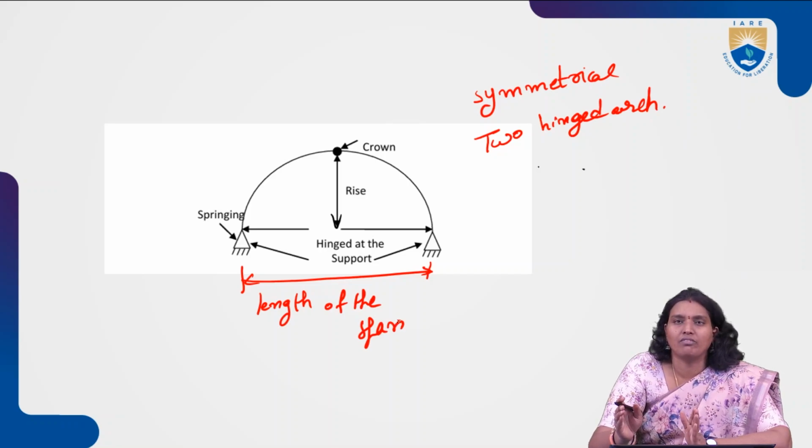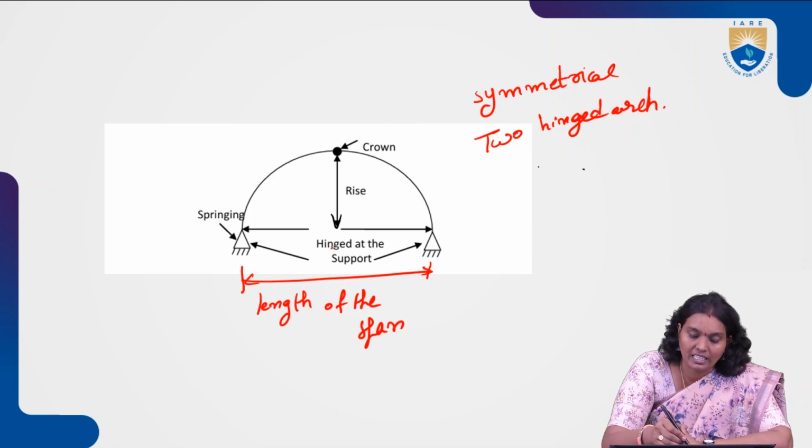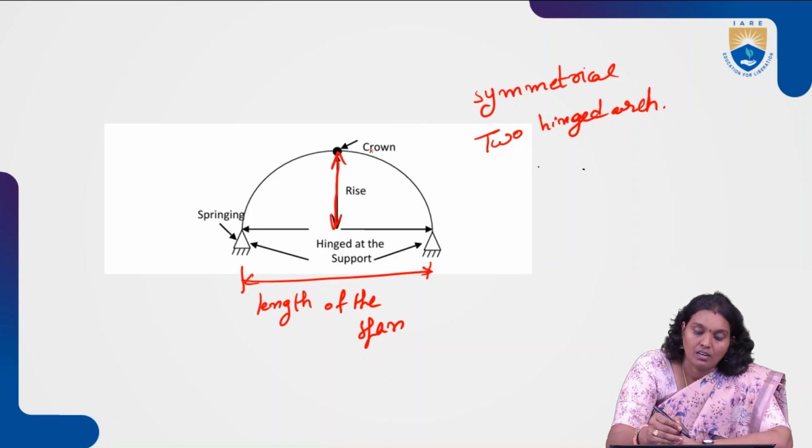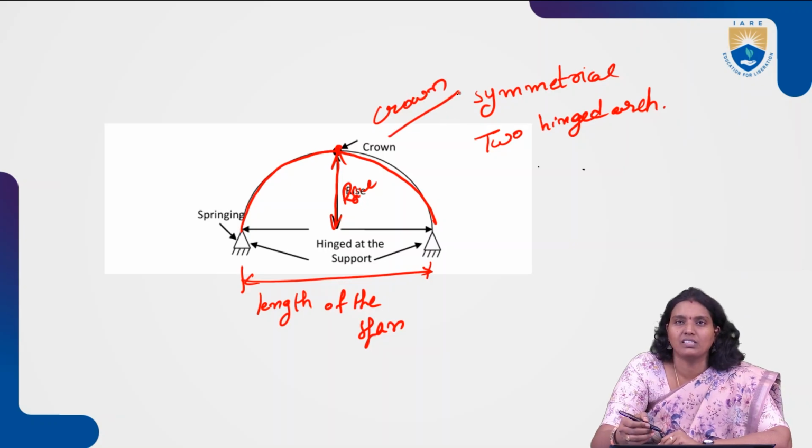These are the springings, the hinges at the supports, and from the midpoint of the arch to the base is the rise. The highest point is the crown. These are the various parameters involved.